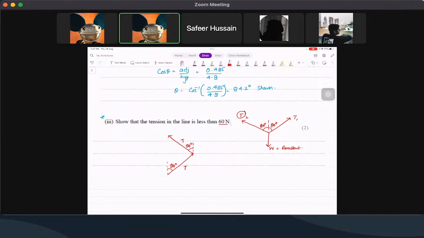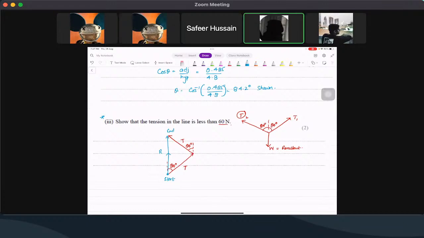Now, the next step: this was the first point I did, this was the start, and this was the end. I need to draw the resultant like this. Is it clear? The resultant is always drawn like this.